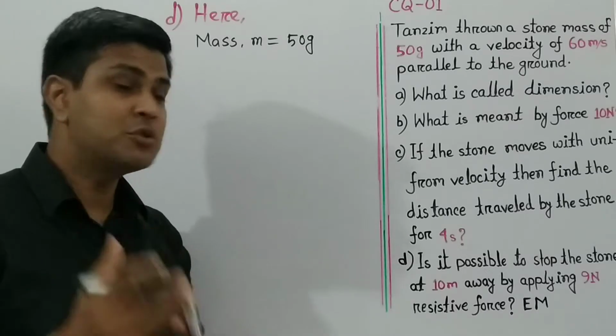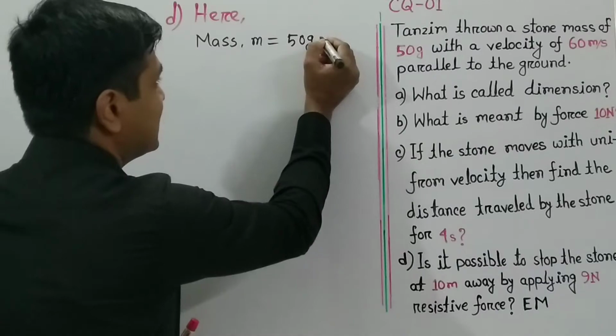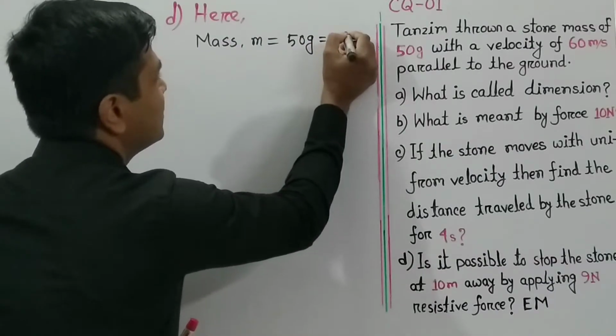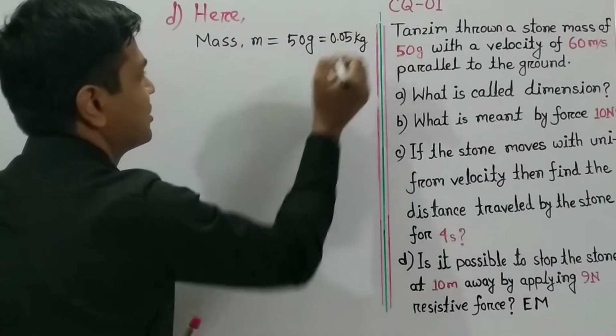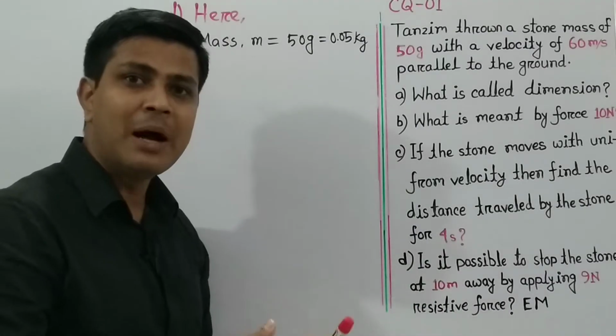That is why we have to divide 50 by 1000. Then we can write here 0.05 kg. And here the body will stop after some time.